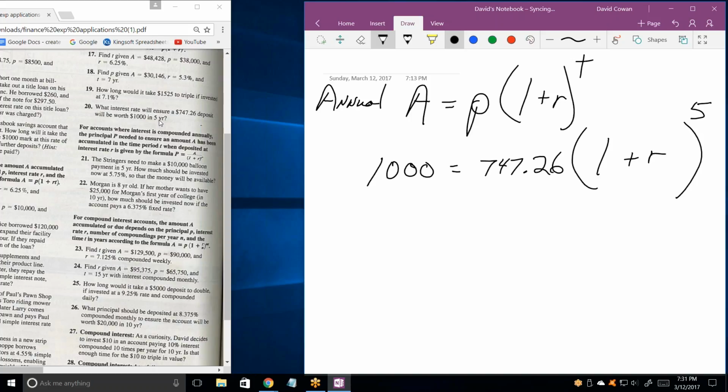Can you give me this rate? And they might have to do this calculation. Let's see. We certainly don't want to take that to the 5th power and expand that as a binomial. Obviously, that is not something we'd want to do. So to solve for R, let's first of all get rid of this 747. So what's 1,000 divided by 747.26?